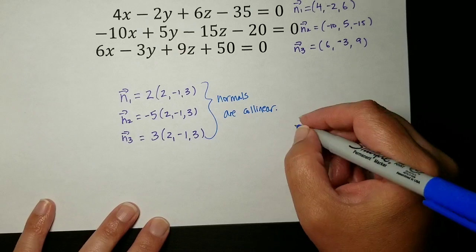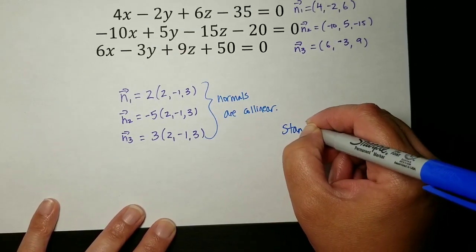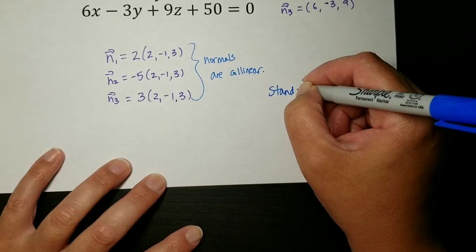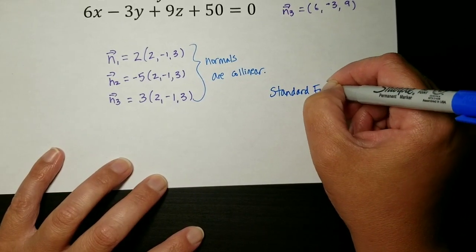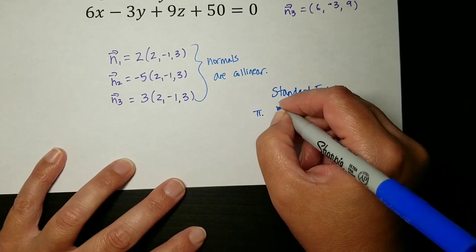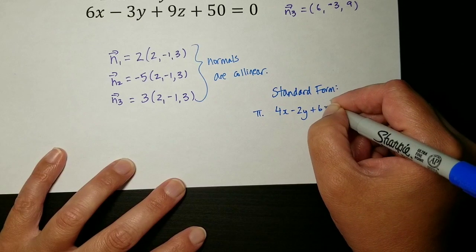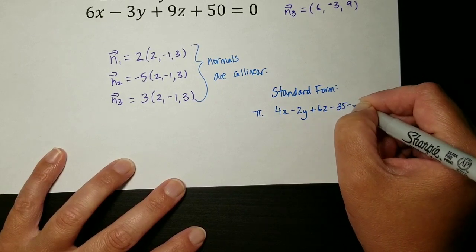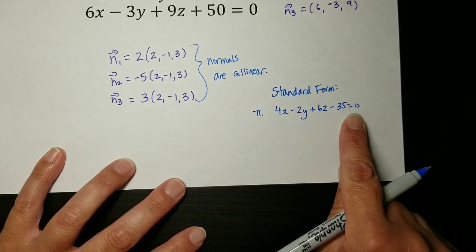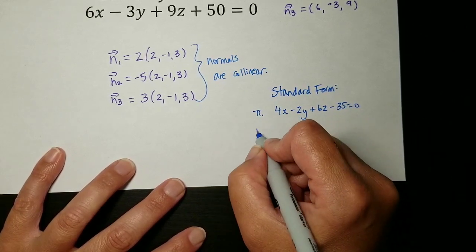So plane 1 is in standard form, 4x minus 2y plus 6z minus 35 equals 0. There's no common factor, I don't have fractions, and my leading coefficient is positive.